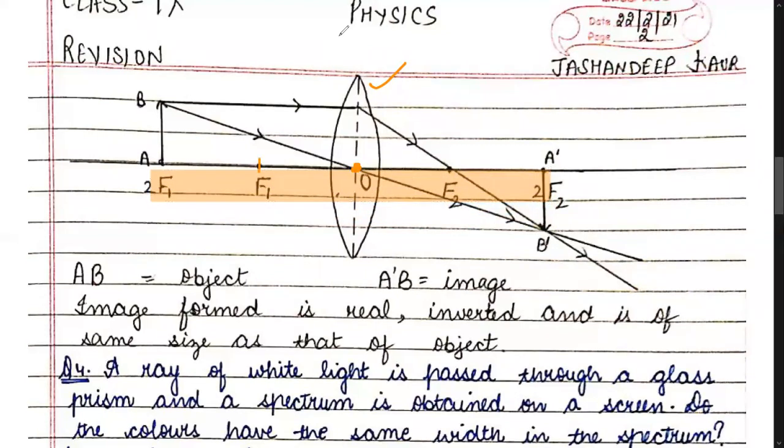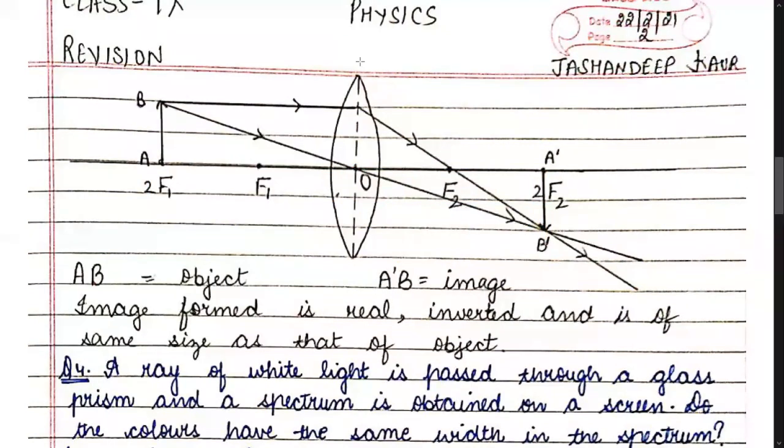For example, if I take OF1 as 3 centimeters, then the distance between 2F1 and F1 should be 3 centimeters. Distance between O and F2 should be 3 centimeters. Distance between F2 and 2F2 should also be 3 centimeters. So each distance should be the same.